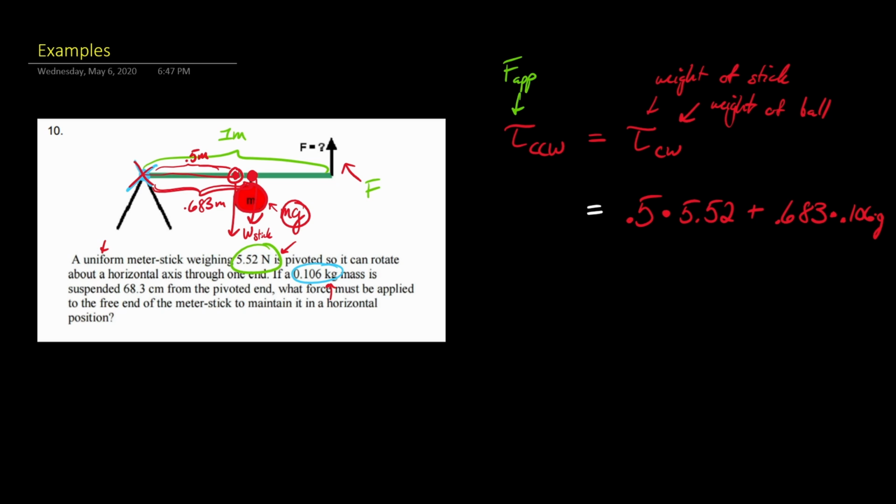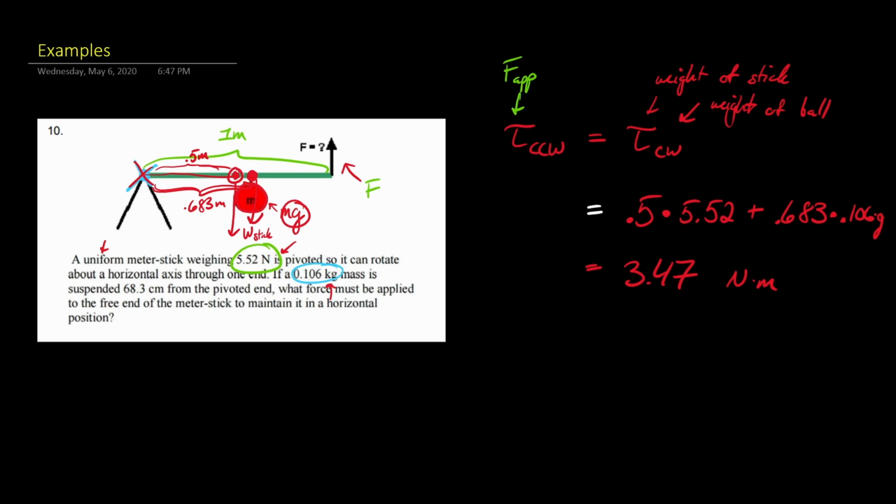I'm going to leave it as little g because I'm going to go off the screen otherwise. If we take out our calculator and total up what this number actually is, 0.683 times 0.106 times g, we get that it equals 3.47. And again, this is a torque, so it's in newtons times meters.